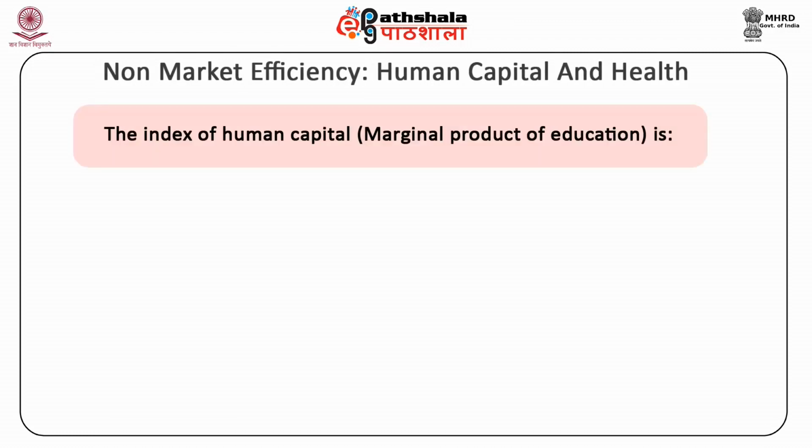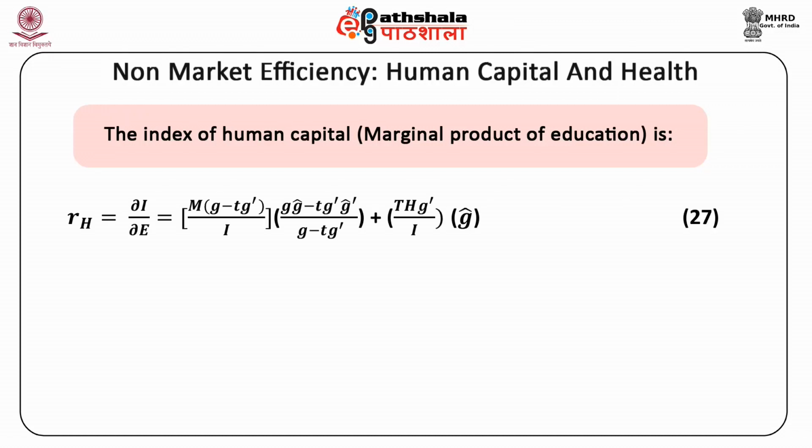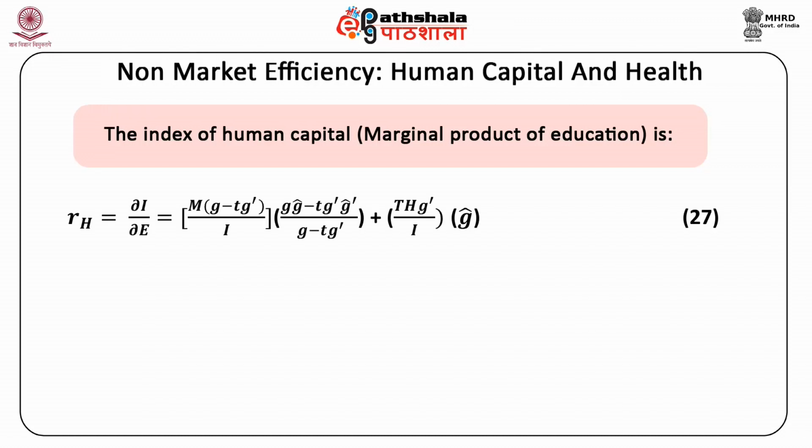The index of human capital, the marginal product of education, RH is equal to delta I upon delta E is equal to m(g hat minus t g' hat) upon I into g hat minus t g' into g' hat upon g minus t g' plus th into g' upon I into g hat.